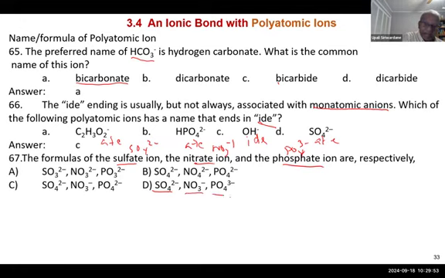Same idea. The rest are not correct. This is not correct, 3 minus. This is not correct. Neither is this. Therefore, the only correct answer is D. You have to know the formula of polyatomic ions.